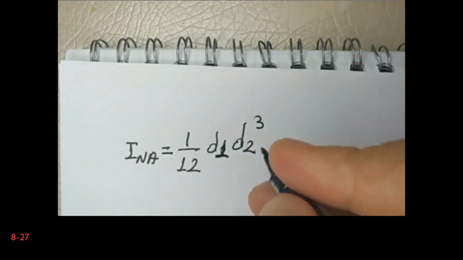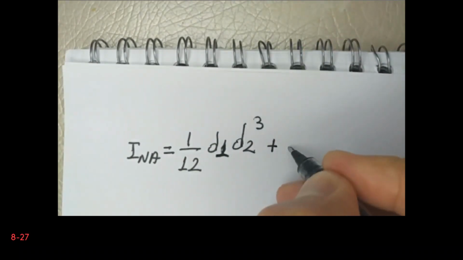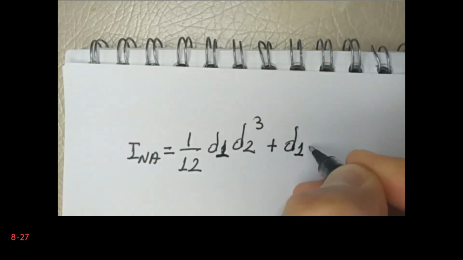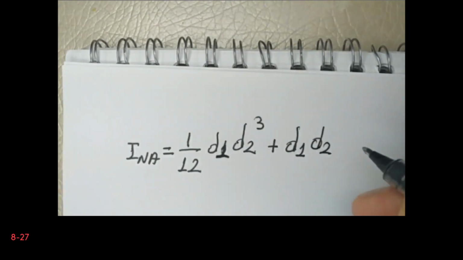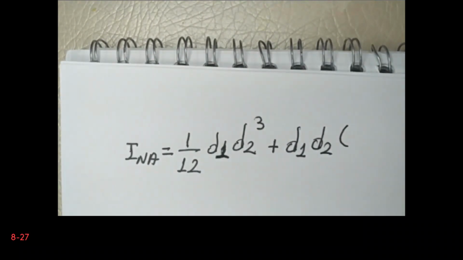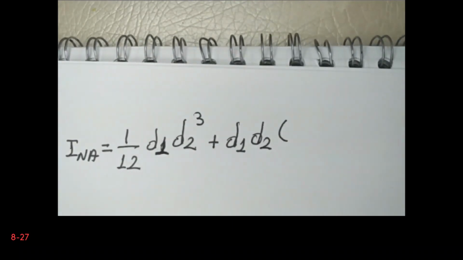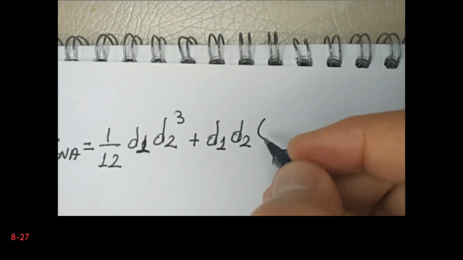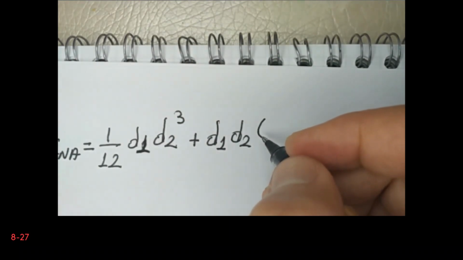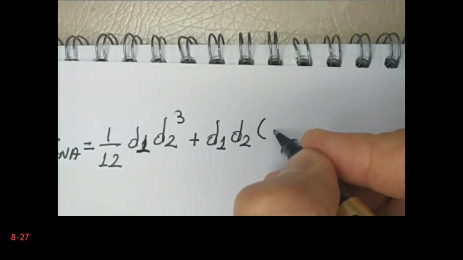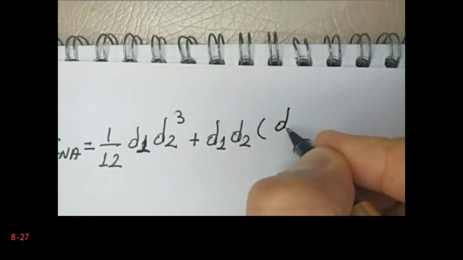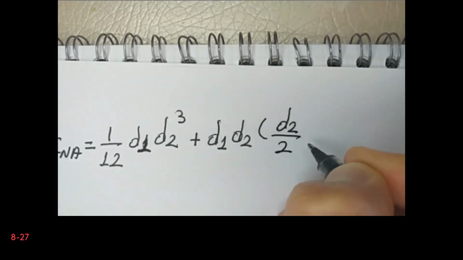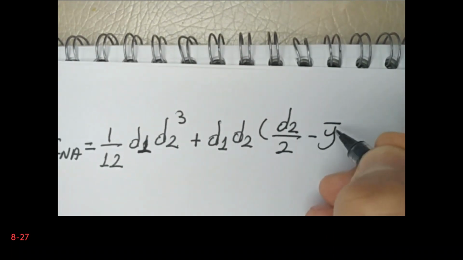It is the area multiplied by the distance between the neutral axis and the centroid of the area d1, d2. So that is d2 divided by 2 minus y bar, squared.